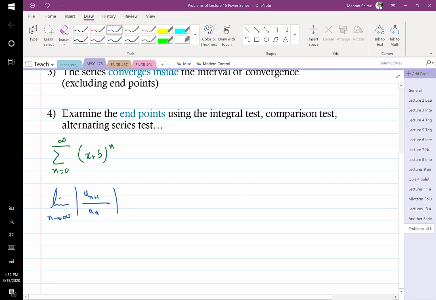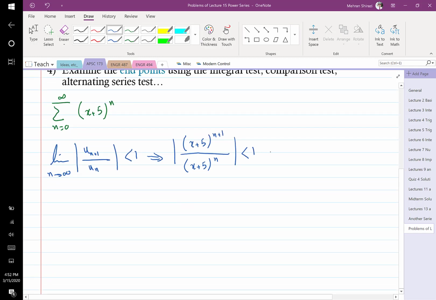I just write the result. u_(n+1) is (x plus 5) to the power of n plus 1, and u_n is (x plus 5) to the power of n. We want this to be less than 1. Very easily we can see it means that the absolute value of x plus 5 should be less than 1.